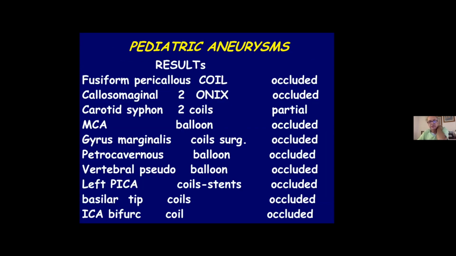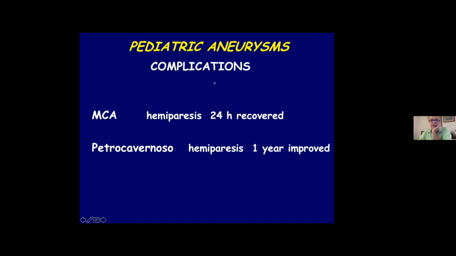This is the result of this series of 10 cases of neurofibromatosis, partial occlusion, both occluded aneurysm with different techniques: coil, balloon, coil stent, onyx. Complication.